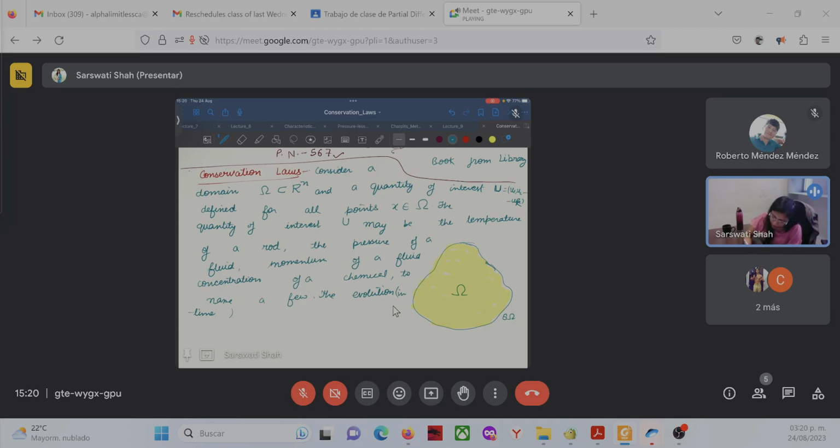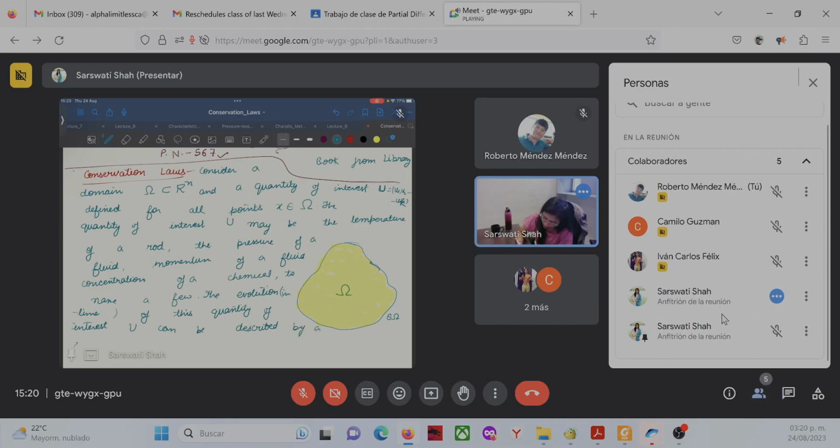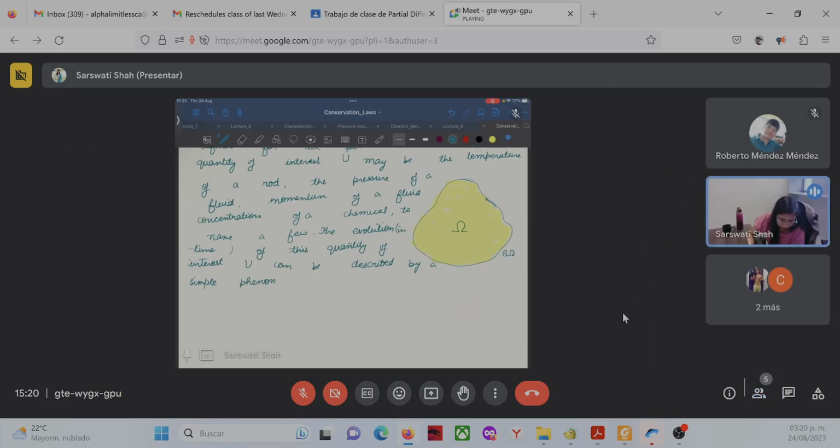So the evolution of this quantity of interest U can be described by a simple phenomenological observation.